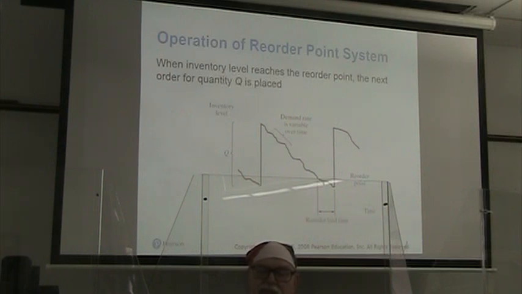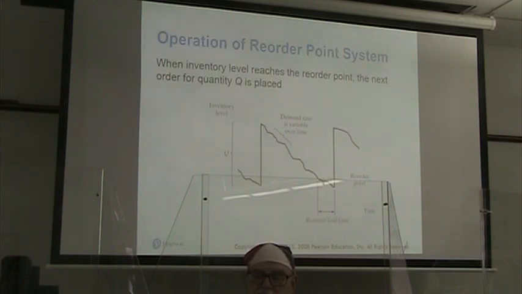All right, so here we see how a reorder point system works. When our inventory reaches the reorder point, the next order for quantity Q is placed. So our quantity is coming down, it hits the reorder point line, we place an order, it's still coming down, and then we get an order.